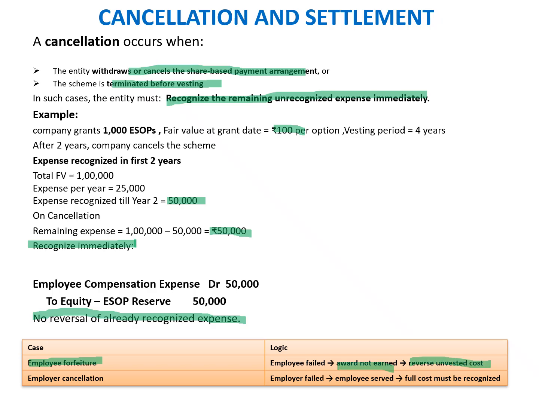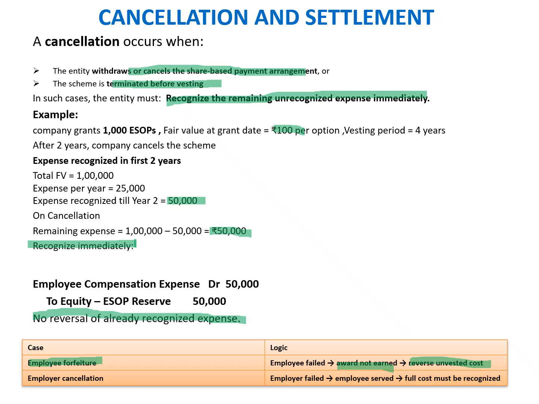If the unvested cost has been accounted for, it has to be reversed. There is no reversal of already recognized cost. This is a thumb rule, because it is assumed that the employee has rendered the services for those years for which the expense has been recognized.